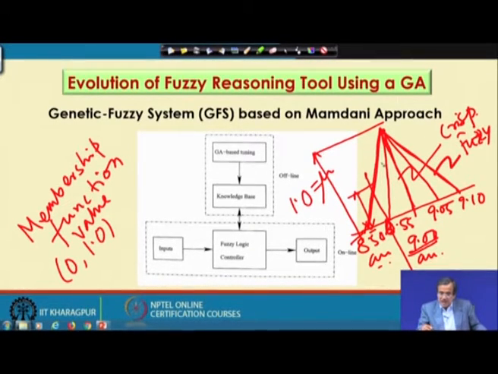So, this is the way in fuzzy set we represent the time 9 am. On the other hand, in crisp set it is simply one vertical line for the 9 am.